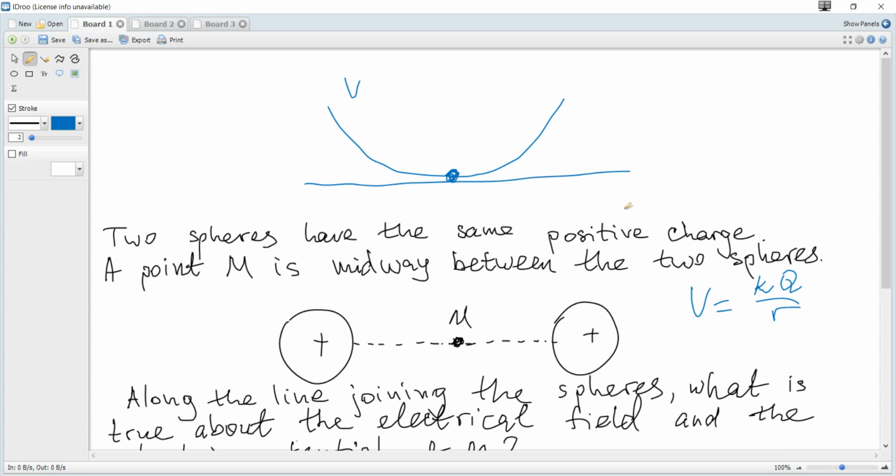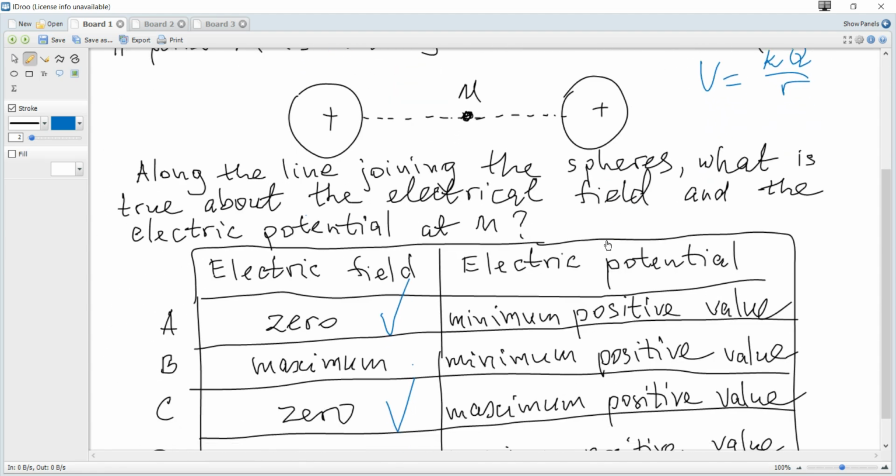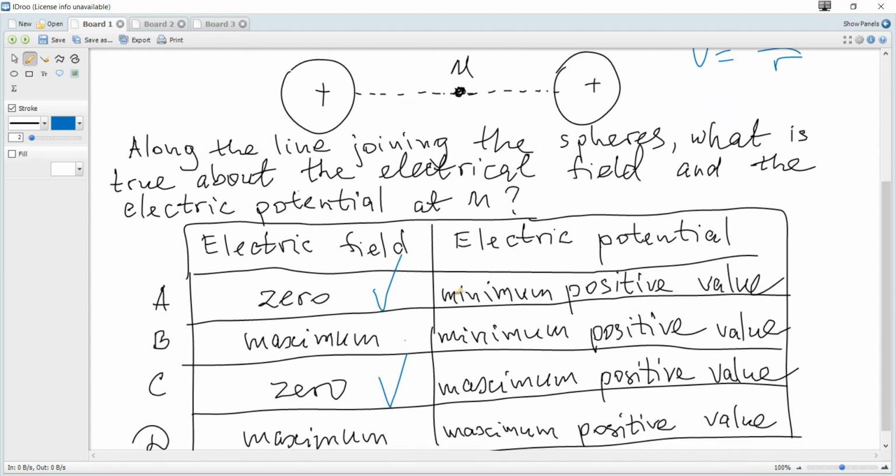You can see that there is a horizontal tangent, and you can conclude that the field is zero at this point, because the field is the gradient of a tangent of the graph of the potential. So the potential has a minimum at M.